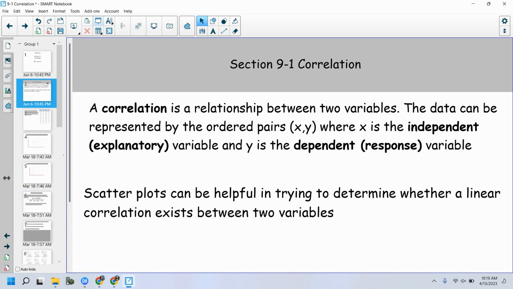Scatter plots can be helpful in trying to determine whether a linear correlation exists between two variables. If you took Honors Algebra 2, you probably did linear correlation, exponential correlation, quadratic correlation, cubic correlation, quartic correlation, done all of those regressions.